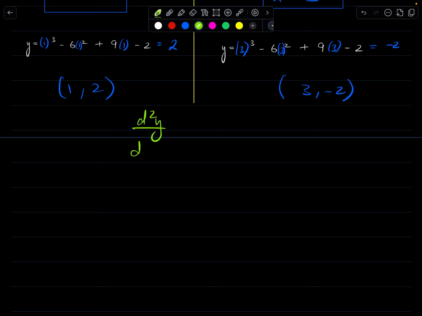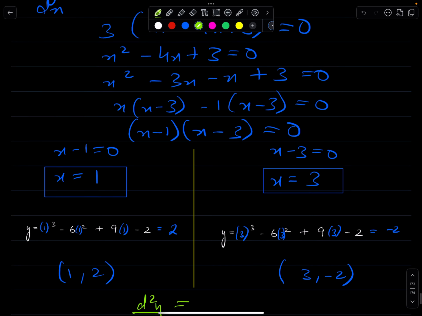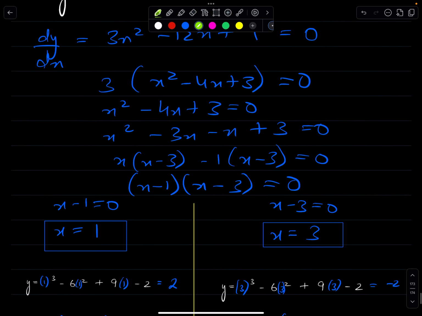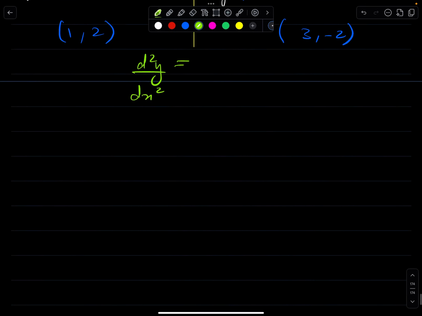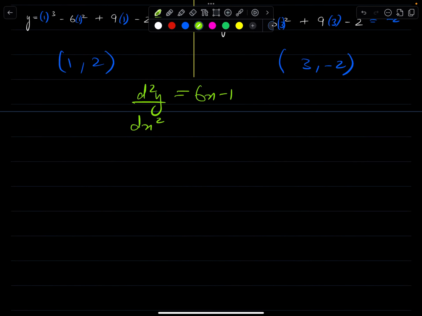So we need to find a double differential in order to determine the nature. That's the second part of the question. So this is our dy by dx. So we have a 6x and a minus 12. Not a finite value, so we need to substitute the values of x.